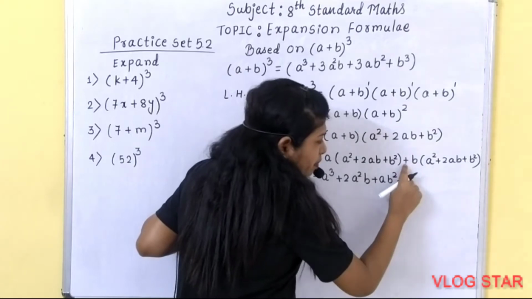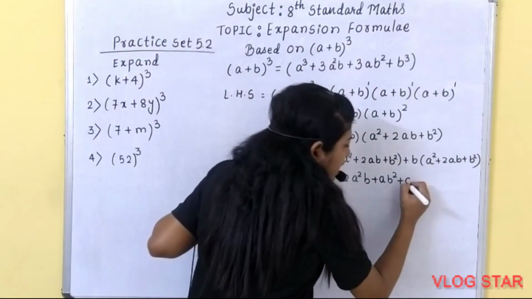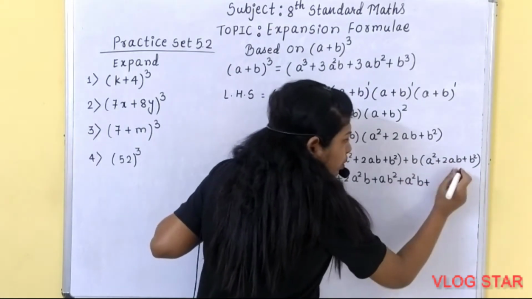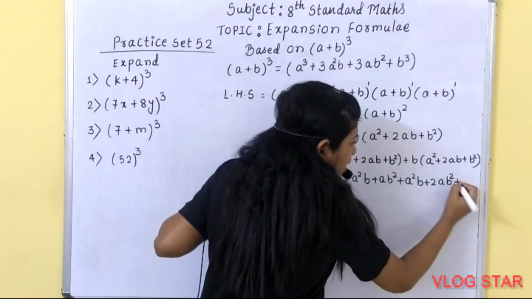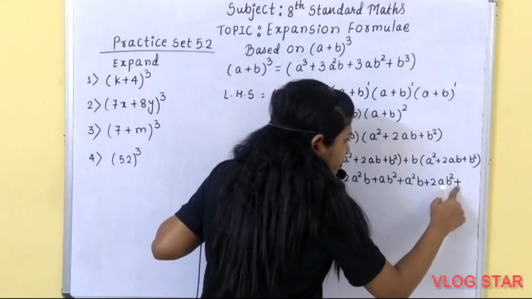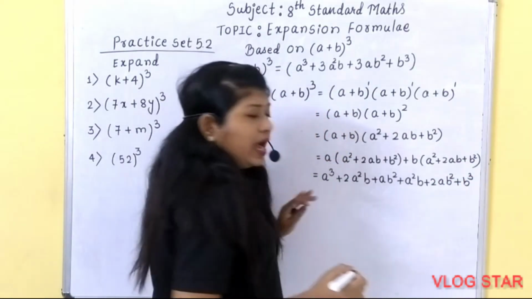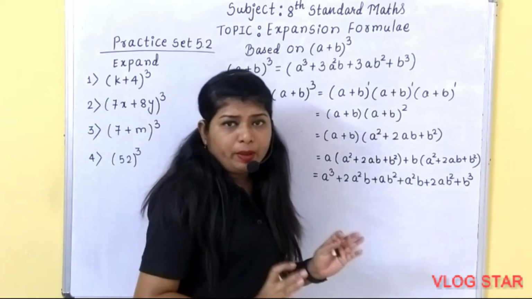Similarly, plus b into a square is ba square, or you can write a square b, plus b into 2ab becomes 2ab square, plus into plus is plus, b into b square is b cube. I hope you can easily perform multiplication between two brackets.